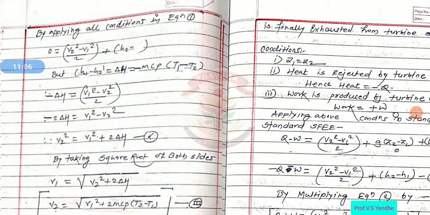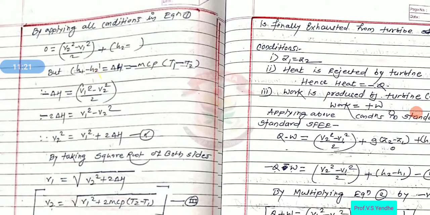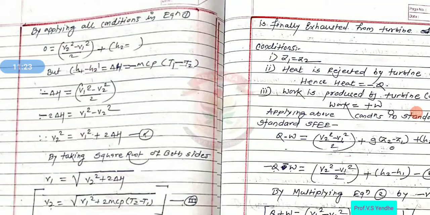Then H1 minus H2, and we know that H1 minus H2 is equal to delta H, so we get the equation delta H is equal to minus mCp delta T, that is, minus mCp (T1 minus T2). That is the standard equation.